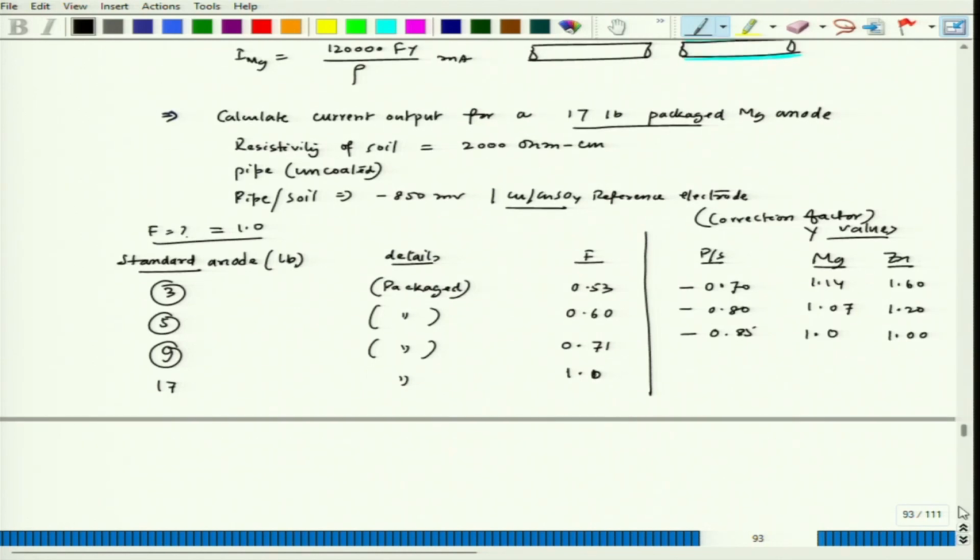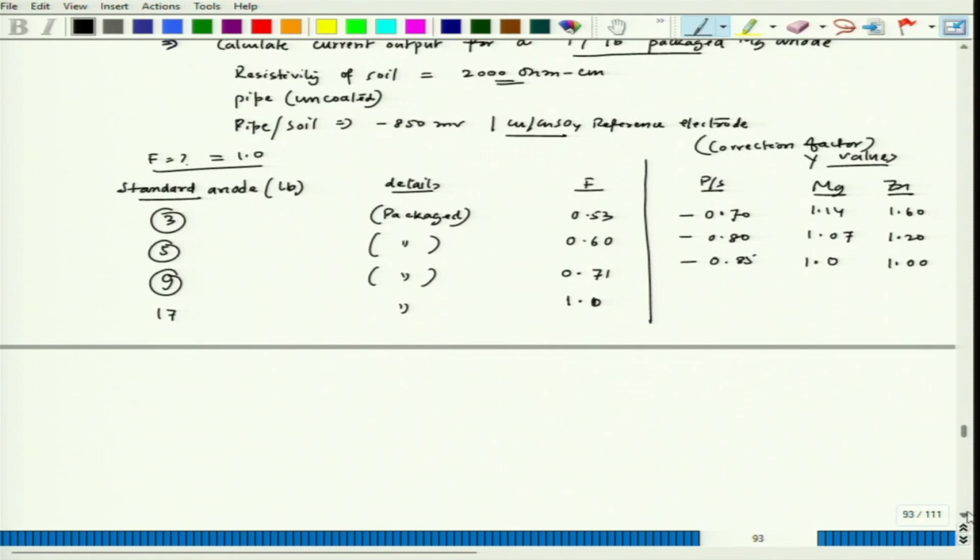So this factor Y comes up, and we know the resistivity value is already given. So we put those in that equation, and since it's bare, we have to use I_MG equal to 15000 F Y divided by rho.